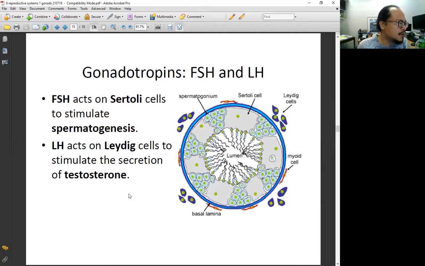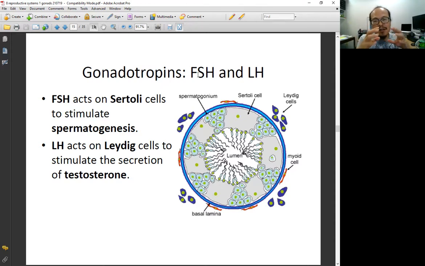Now, inside of the testicles, basically this is the major player, right? Not that complicated. We have sperm, we have Leydig, we have Sertoli, right? Very simple. Now, FSH and LH will act specifically on two cells. FSH, follicle stimulating hormone, stimulates the follicle. And the follicle carries the oocyte, right?